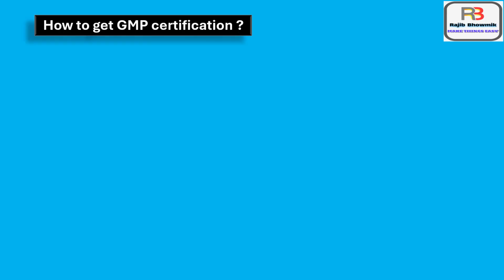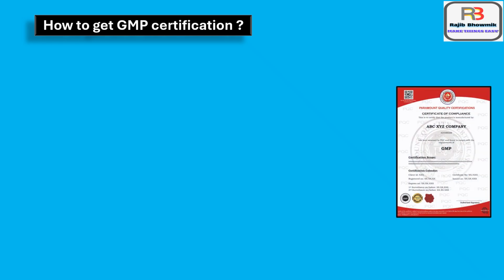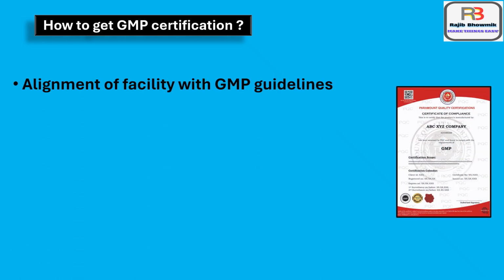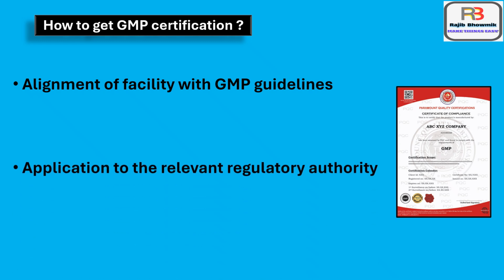Viewers, now let us understand how to get GMP certification. To get a GMP certificate, you must first align your facility with GMP guidelines by establishing quality control systems, training employees, and documenting all processes.